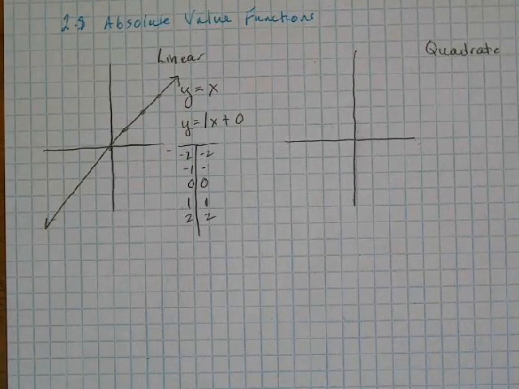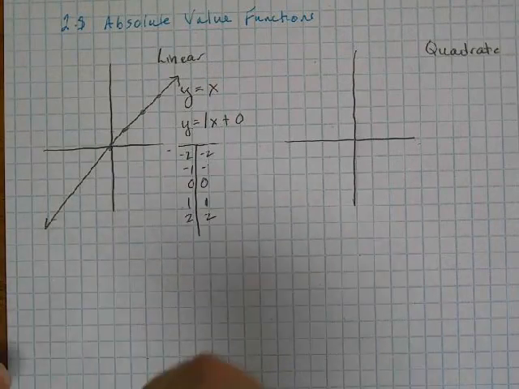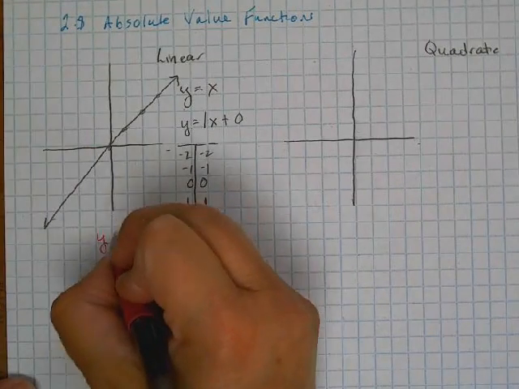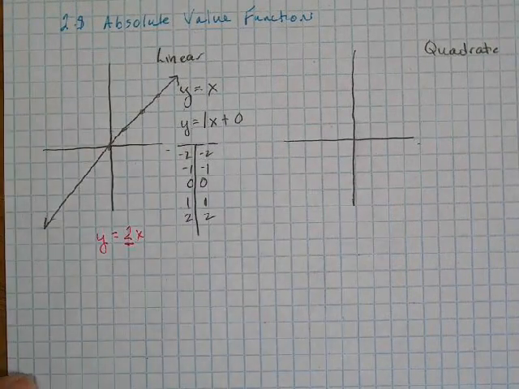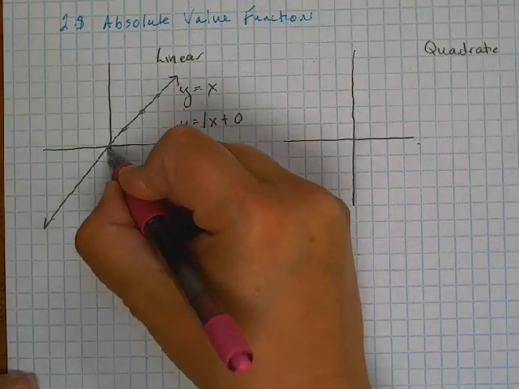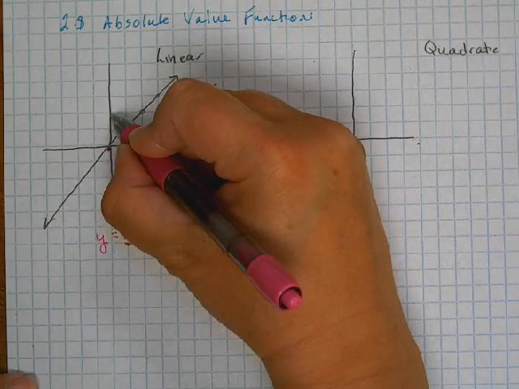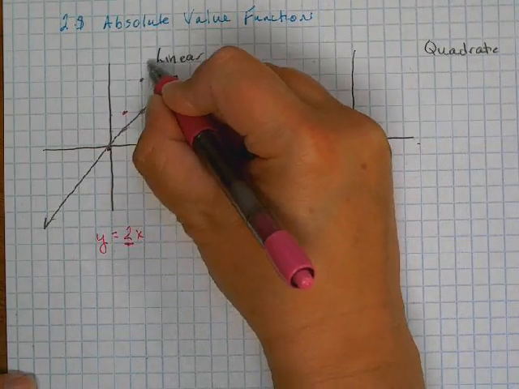So let's start by just looking at what would happen if instead of having y equals x, I graphed y equals 2x. So what happens when I put a number right here in front of the x? Well, what that does is actually change the slope. You begin at 0, but instead of going up 1 over 1, you go up 2 over 1.